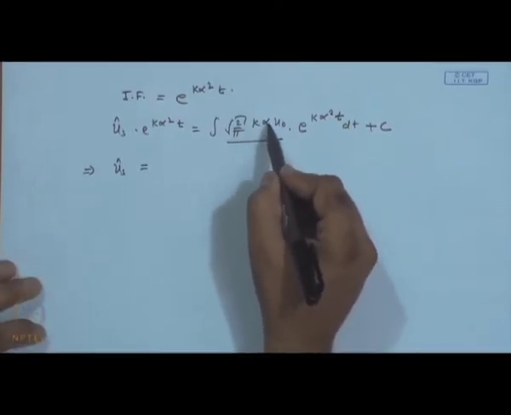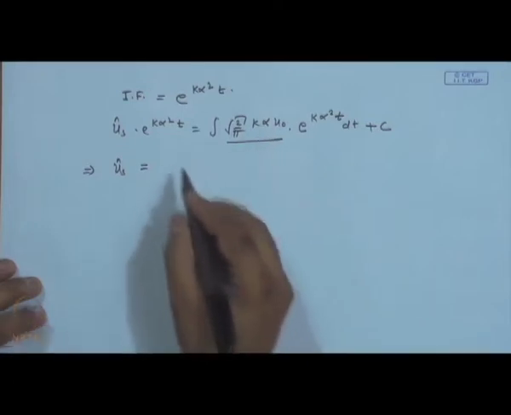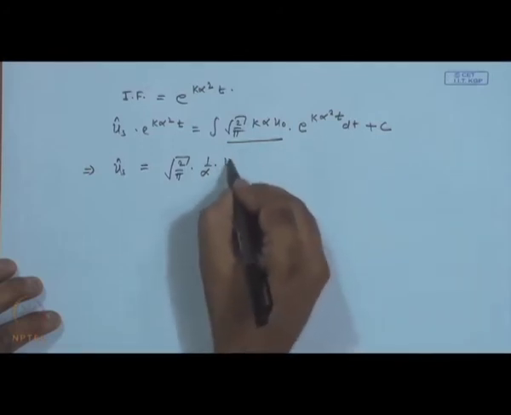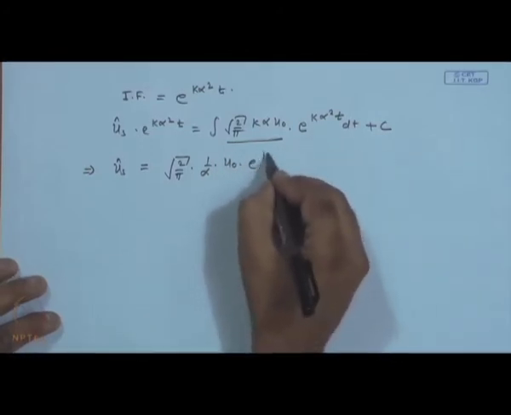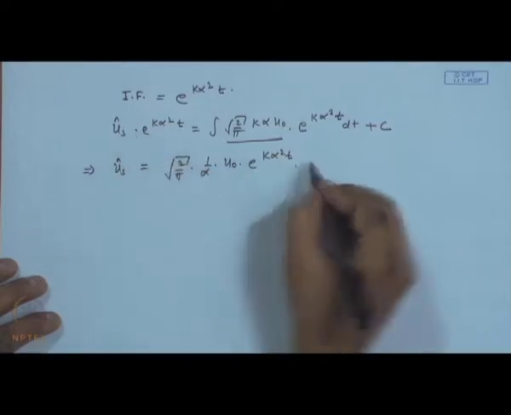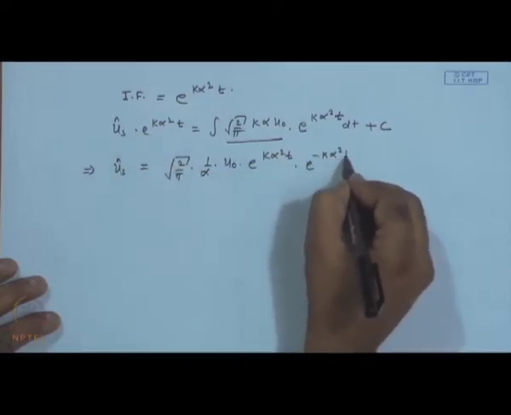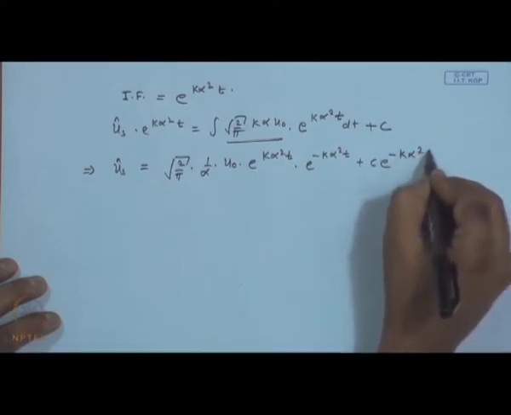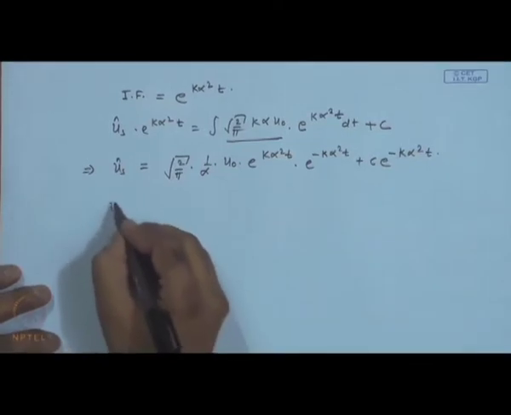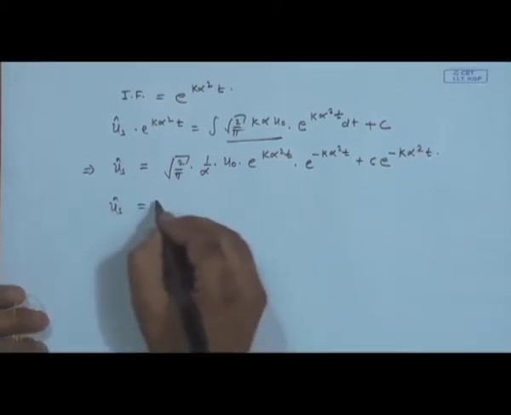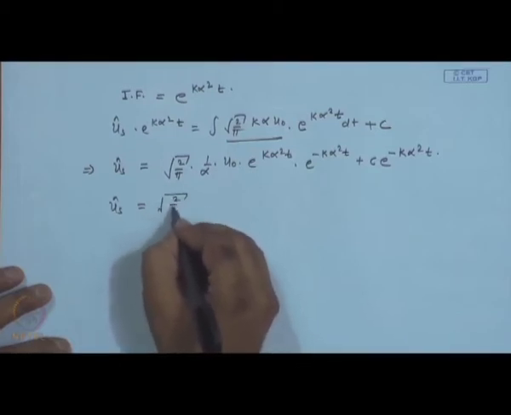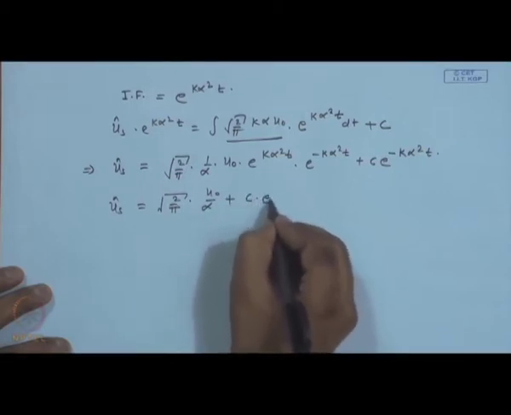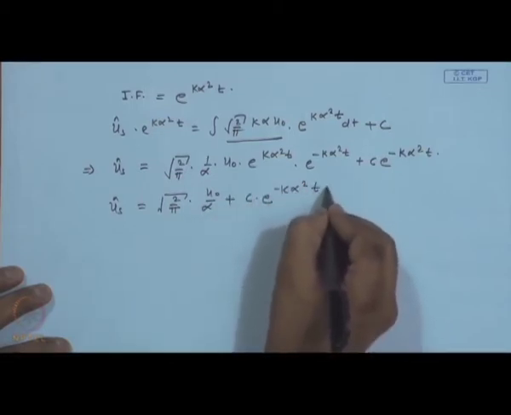So, this k alpha will be cancelled and we will get 1 over alpha. So what we have is square root 2 over pi, 1 over alpha, also u naught, and e to the k alpha square t, and from this side we have, with minus k alpha square t, c e to the minus k alpha square t. So, this u_s is square root 2 over pi, u naught over alpha plus c e to the minus k alpha square t.